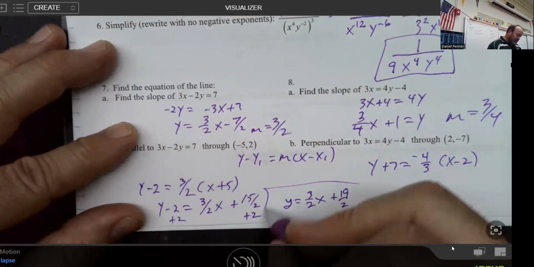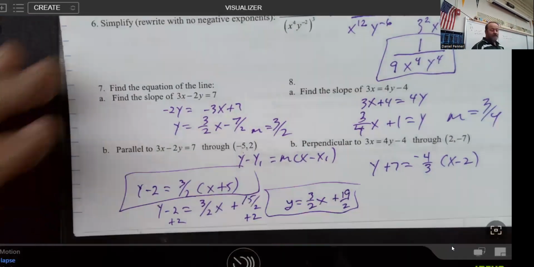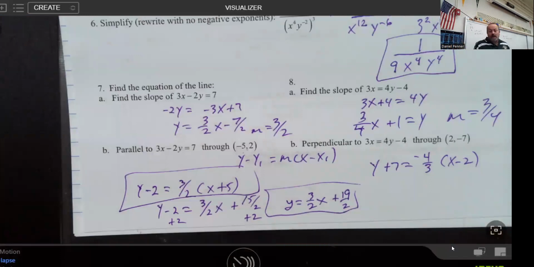So this is a good answer. So is this. Notice it just says find an equation, so I didn't specify. The last thing is if I wanted it in standard form, I wouldn't want any fractions. So I would multiply everybody by 2 and move things around so the x is first and the y is second. So not too bad.